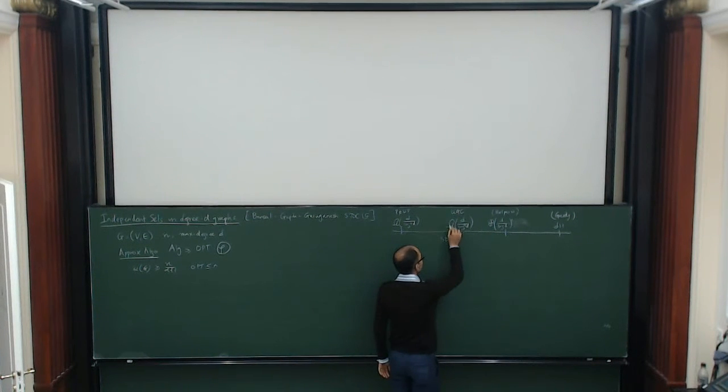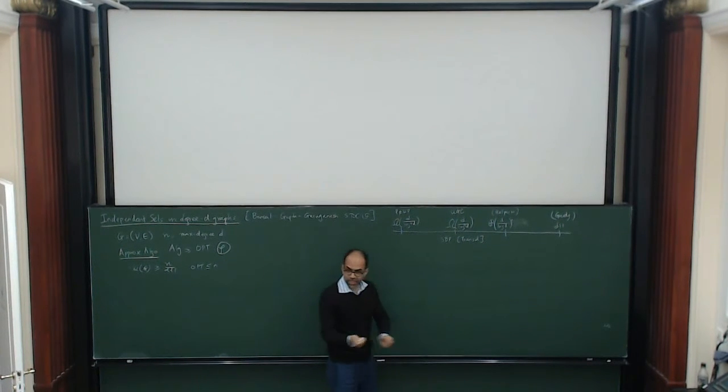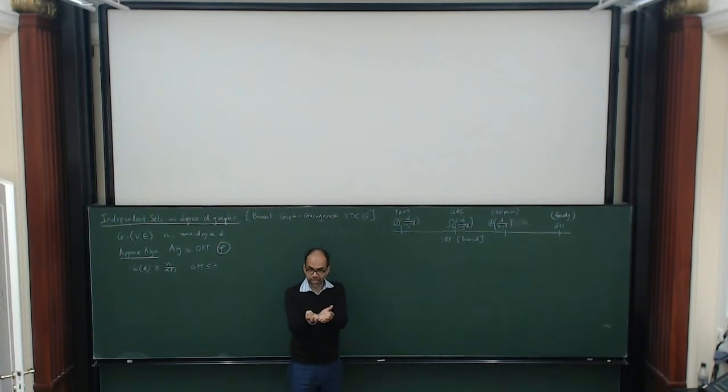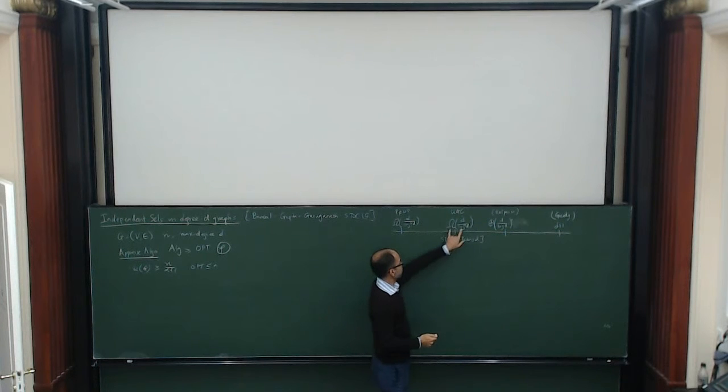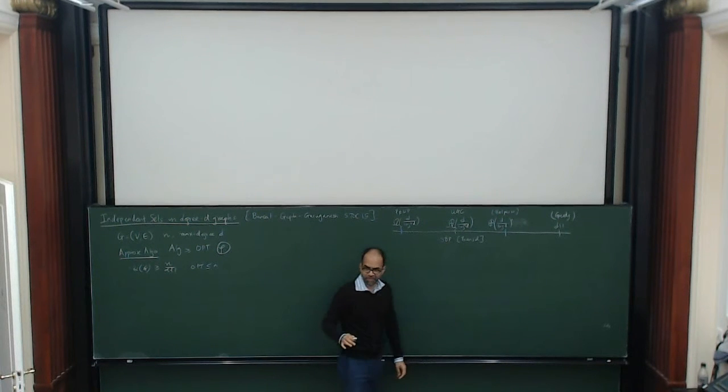So he showed that the value of this SDP, if you didn't really care about finding the independent set, but just the value, was within this factor. So it pretty much closed the answer up to log factors.